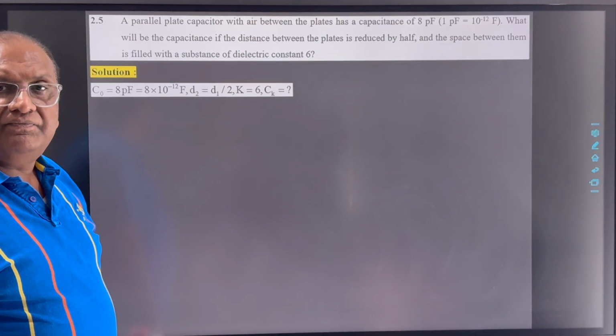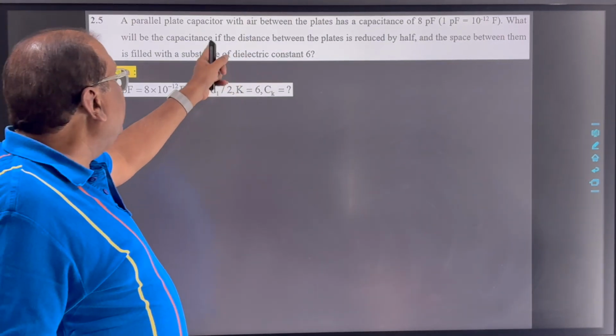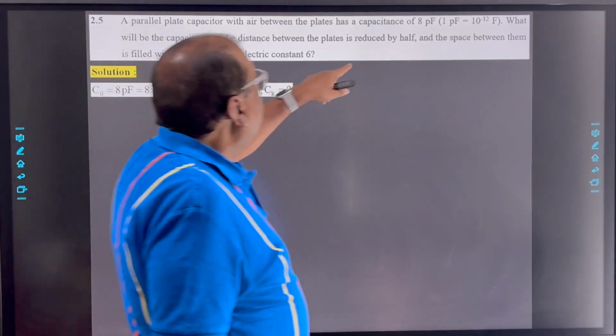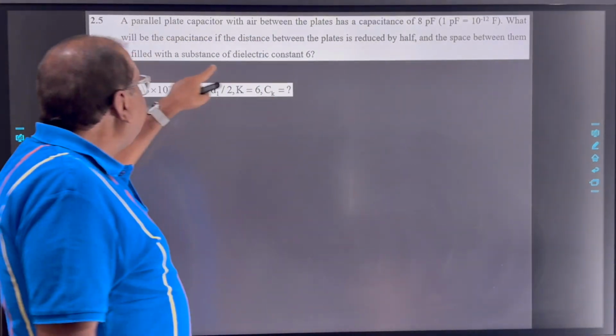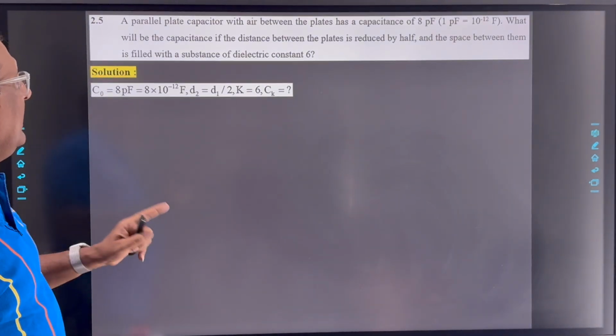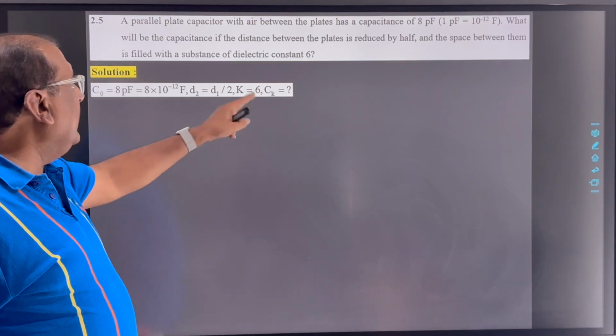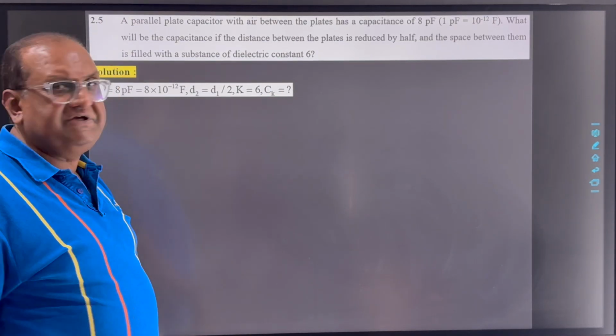But now the distance is made half and the space between them is filled with a substance of dielectric constant 6. So now we have to find the new capacitance.